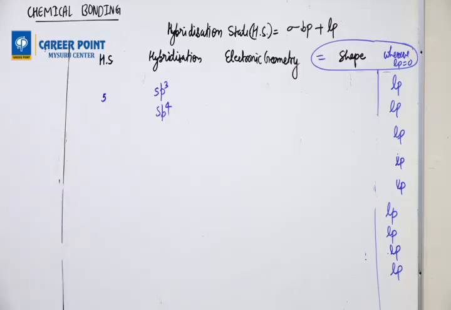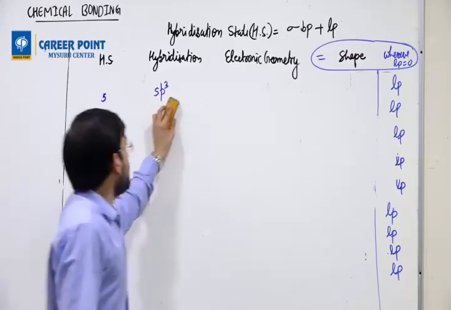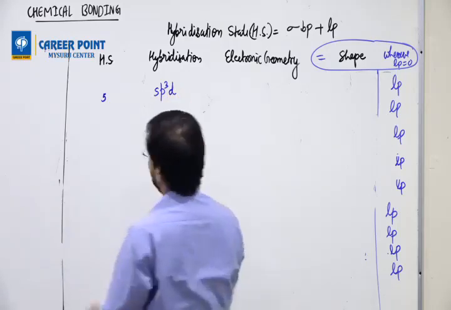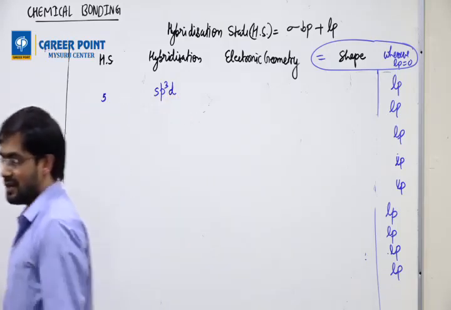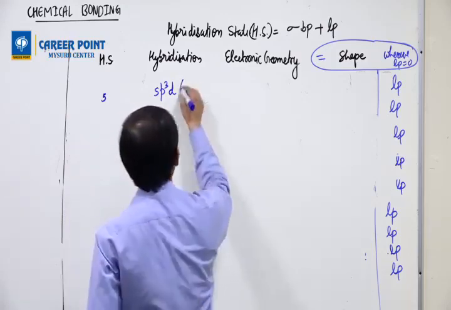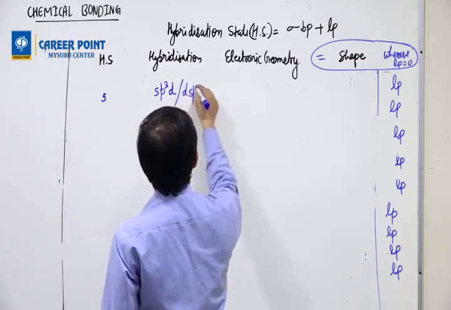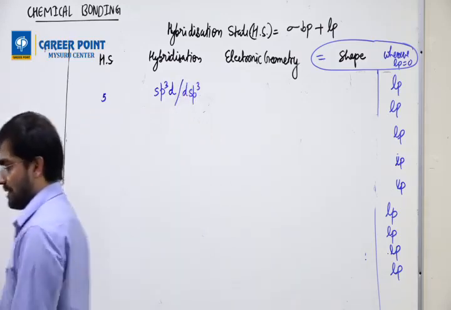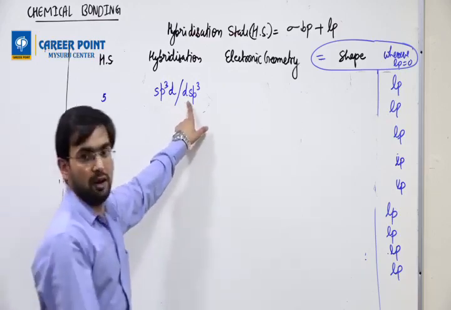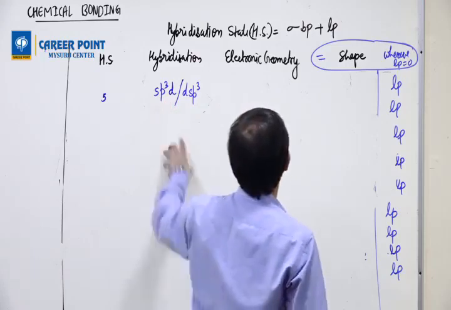But I need to write 5. So how do I write? s is over, p is over, then you have d. So it becomes sp3d. Sometimes this is also known as dsp3. It is used for d block. This is used for p block.